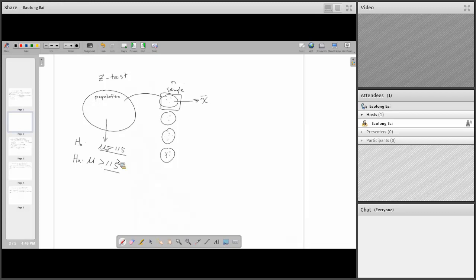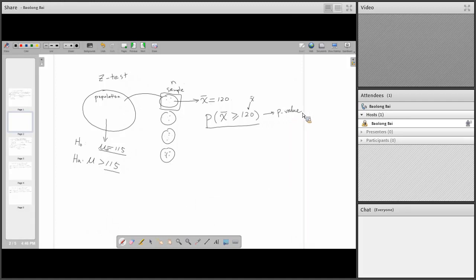So if x bar is a particular value, for example, 120 for the sample you pick, then your p-value will be the probability that x bar as a variable is as extreme or more extreme, greater than the value you calculated. This is your x bar from the sample, and this is x bar as a variable out of all the possible samples. Then this is our p-value, right?